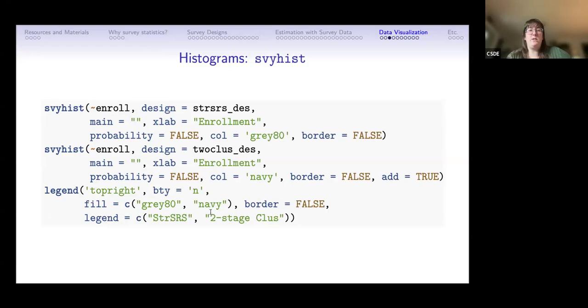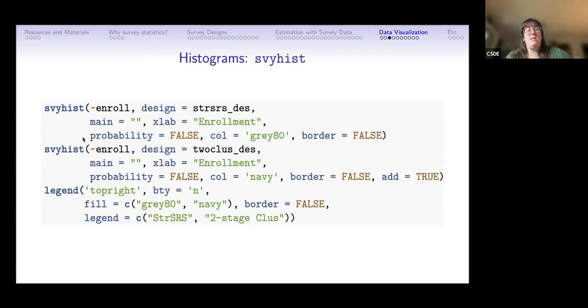If you're a tidyverse person, this may feel a little weird. This is all based on base R. So it works a lot like the hist function, if you're familiar with that. The first function here that I'm running is the svyhist function. I want to map the enrollment. I want this to come from my stratified simple random sample. I'm going to change the main title and the x label.